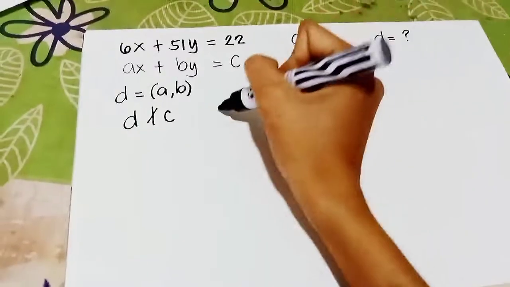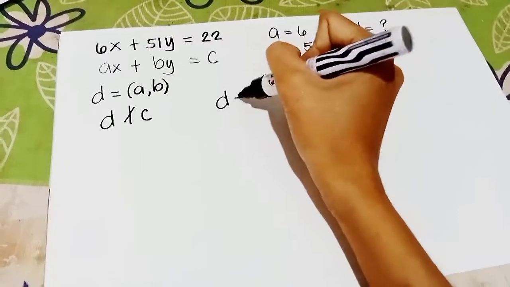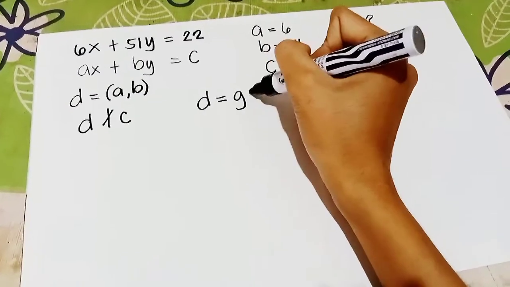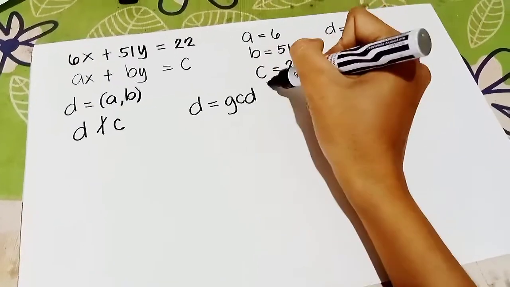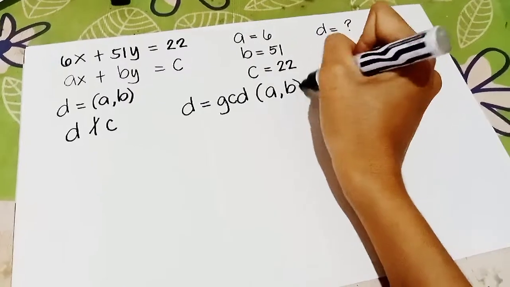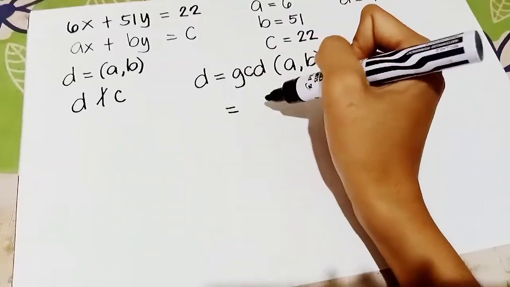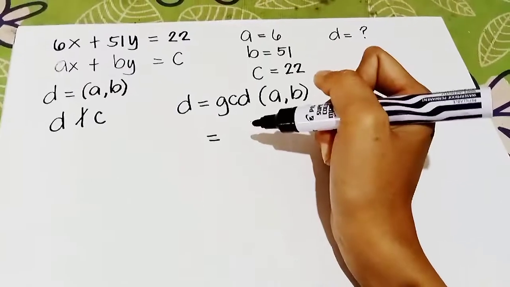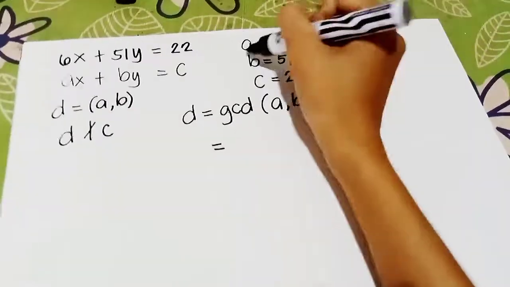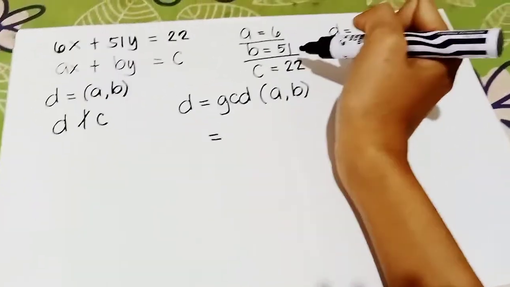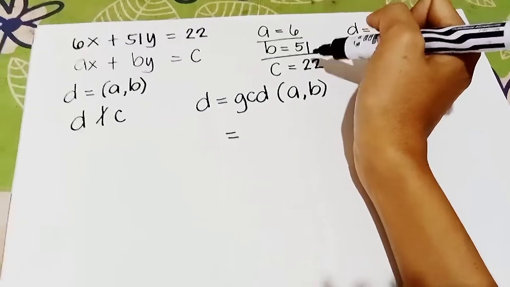We first find the GCD of a and b. The value of a is 6 and the value of b is 51.